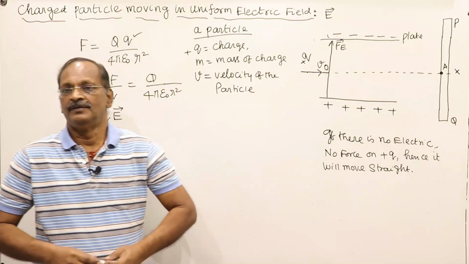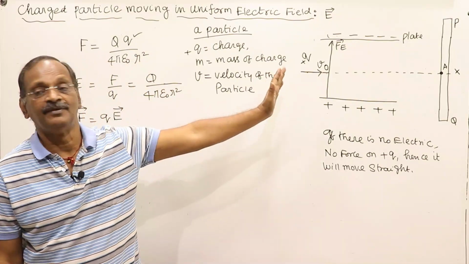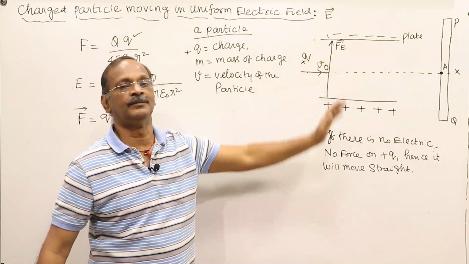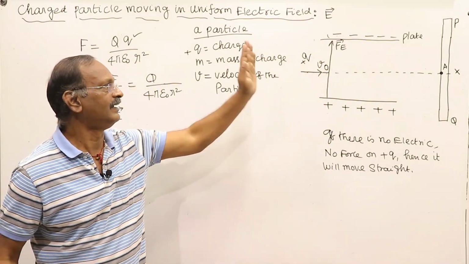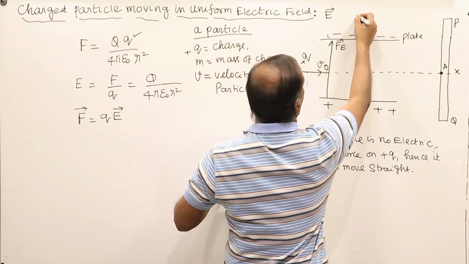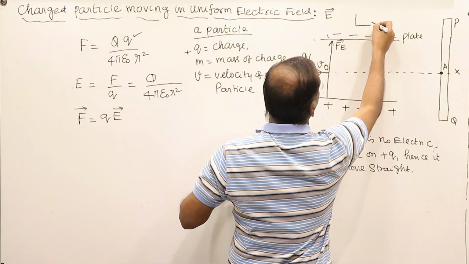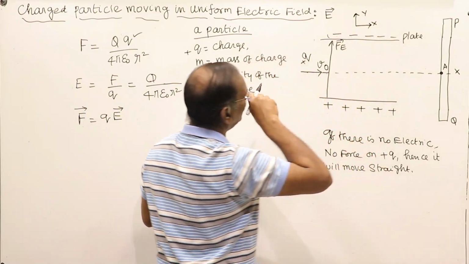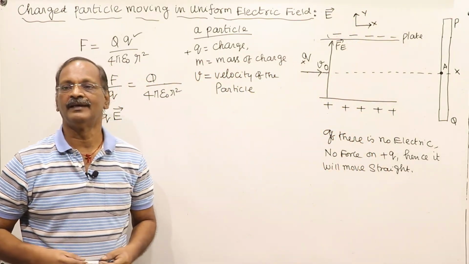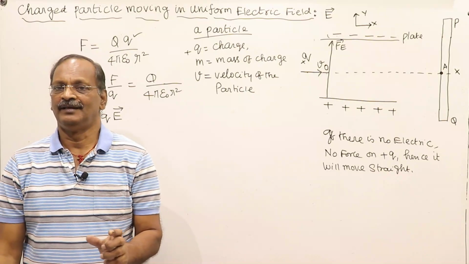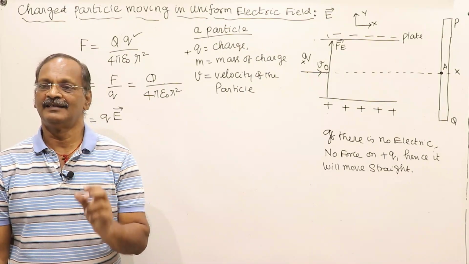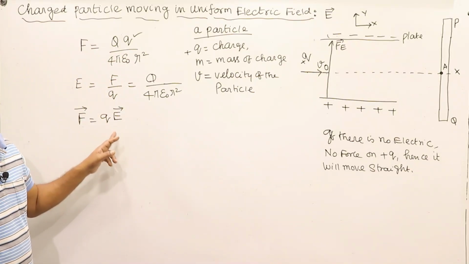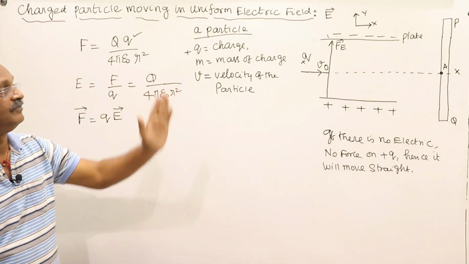When the electric field is introduced along the vertical upward direction, that is along the y-axis, we can take the reference: this is the x-axis, this is the y-axis. Along the y-axis, due to the electric field, the charged particle will experience a force F equal to Q into E, in the upward direction.